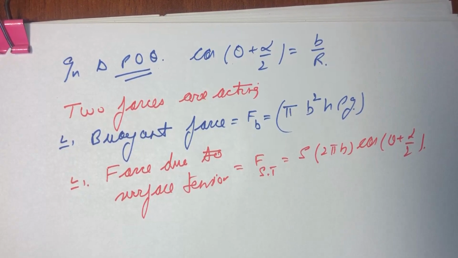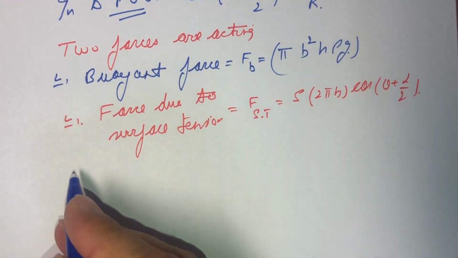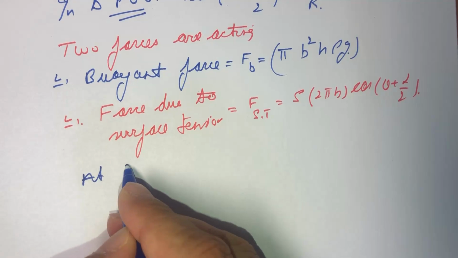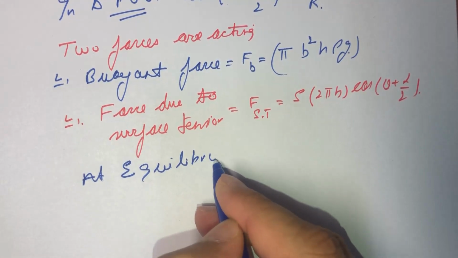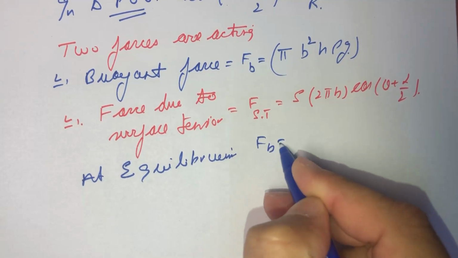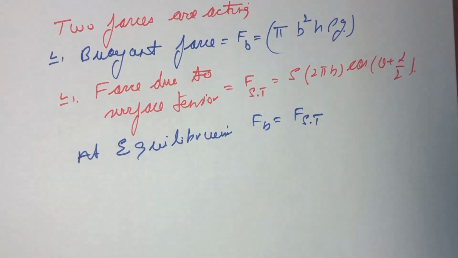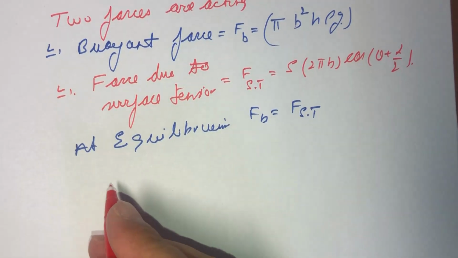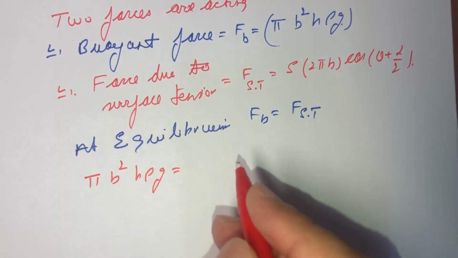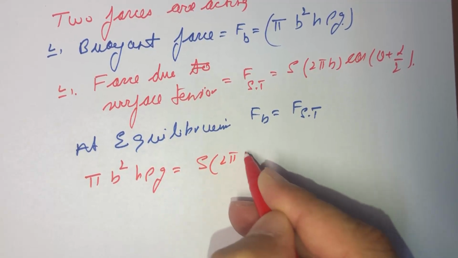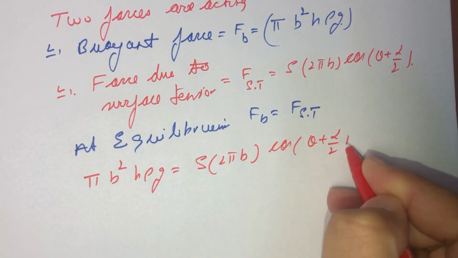And in equilibrium, Fb will be equal to Fst. So simply substituting the values, we get pi b square h rho g equals S times 2 pi b times cos of theta plus alpha by 2.